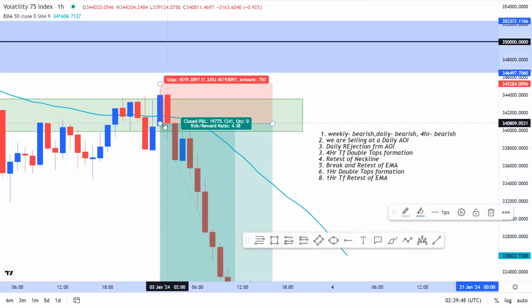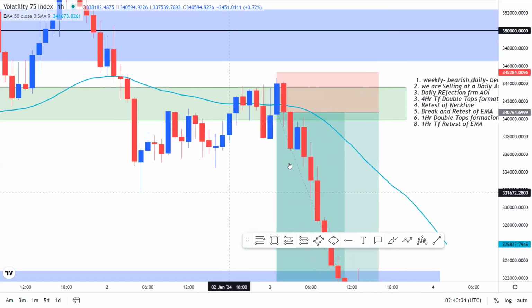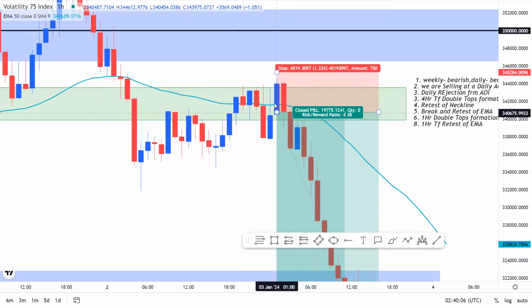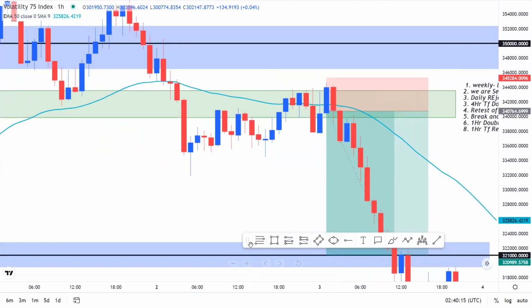That was where I had my entry confirmations for selling, owing to the fact that every one of these confluences was giving me strong reasons to get in on sell. So I was very convinced that the market was ready to keep heading to the downside.